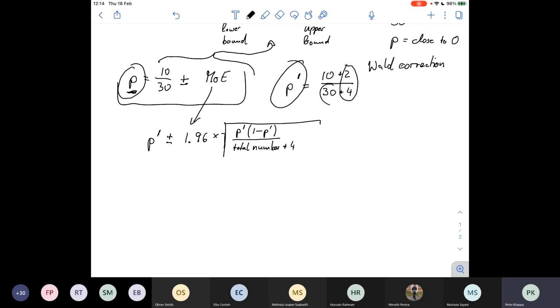And that's basically this part here. This is this 30 plus 4. That would be this part down here. And with this equation, we can actually calculate what this margin of error is, this whole bit here.